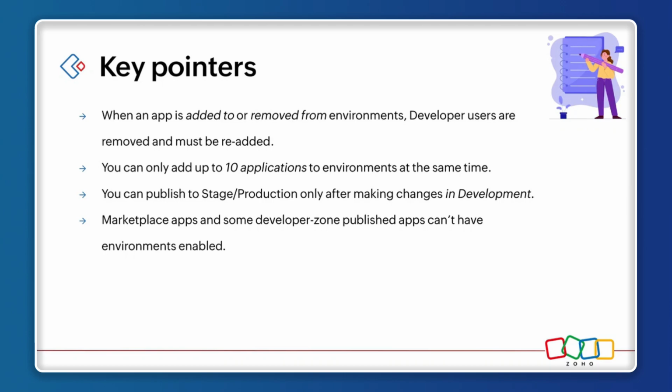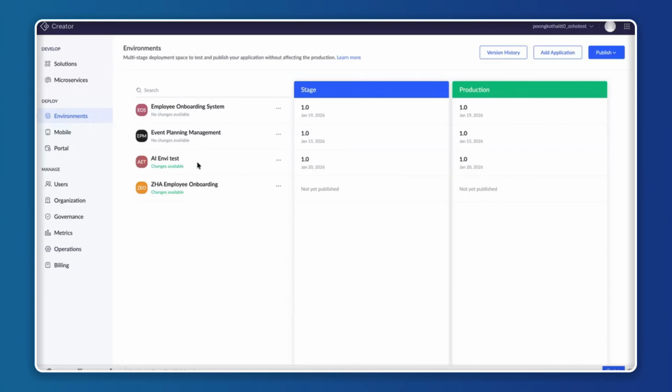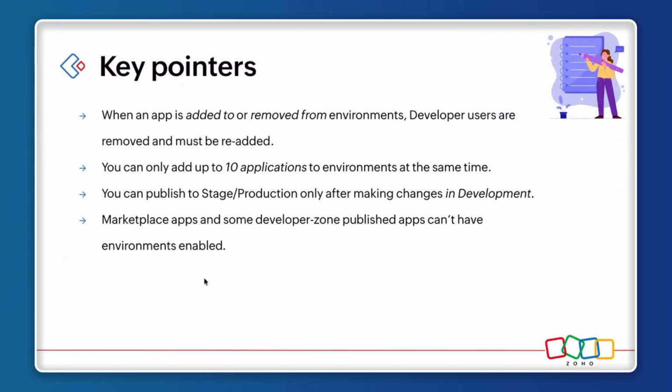So this is all we wanted to share with you regarding the environment, starting from what are the different types of environments that we have, how you can push an existing application or a new application into an environment, how the data are siloed with different environments. So how do you remove an application from an environment? So far, the overall application development and testing and the publishing of an application, right?